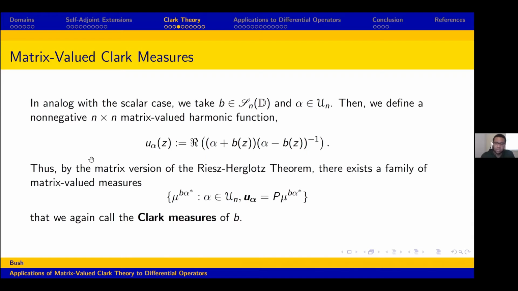It's just one of those things that you find in like a 1920s Russian paper or something like that. They did it in the scalar case, and it was done by someone that they didn't think to name it for in the matrix case. We just call it the matrix Herglotz theorem. It gives us matrix valued measures, because we're working with matrix valued functions, and the Poisson transform of those measures gives us our harmonic matrix valued function. We're going to again call these the Clark measures.